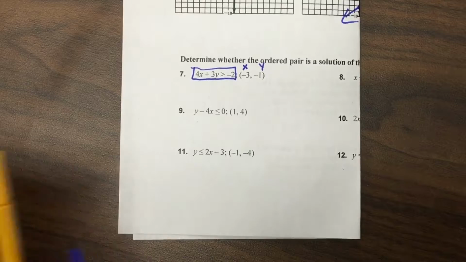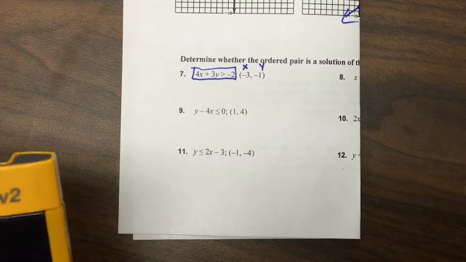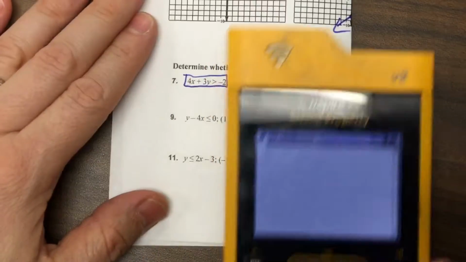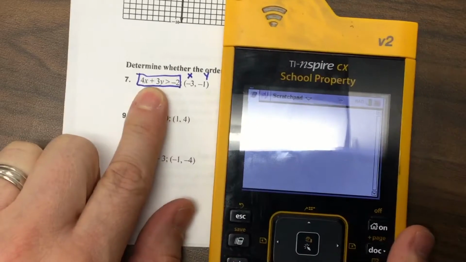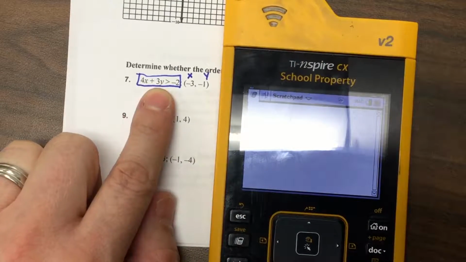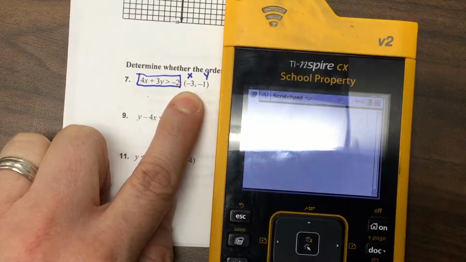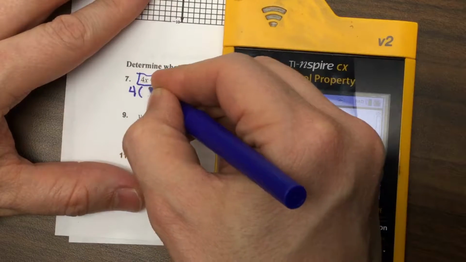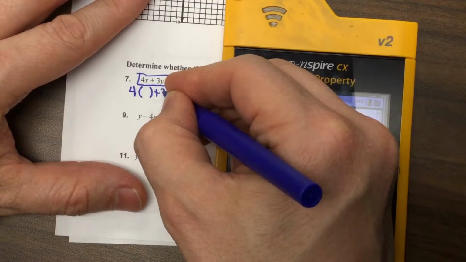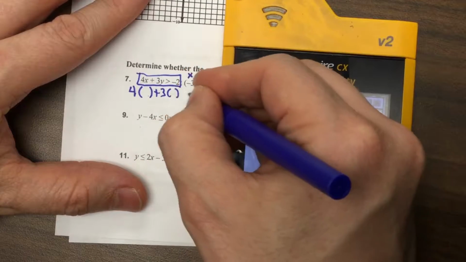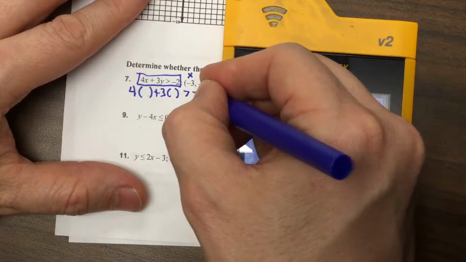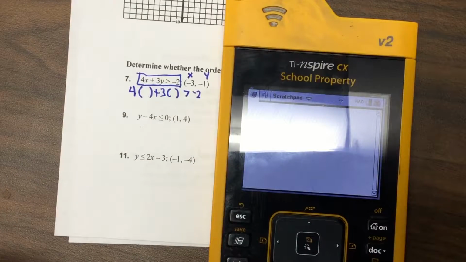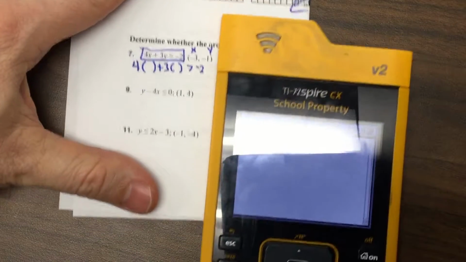The first way will be on the calculate screen. We're going to type in this inequality, but instead of x and y, we're going to type in the numbers they gave us. So let me demonstrate on paper. Instead of 4x, I'm going to put 4 parentheses. And instead of 3y, I'm going to put 3 parentheses. And where I see those parentheses, I'm going to put a number in those parentheses on the calculator screen.